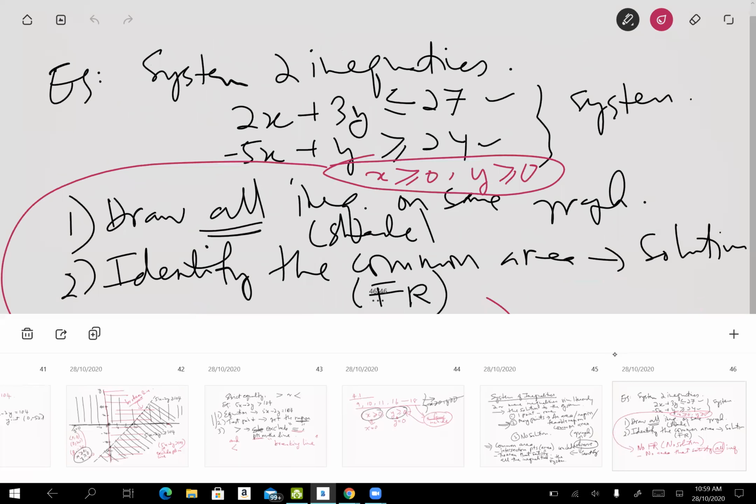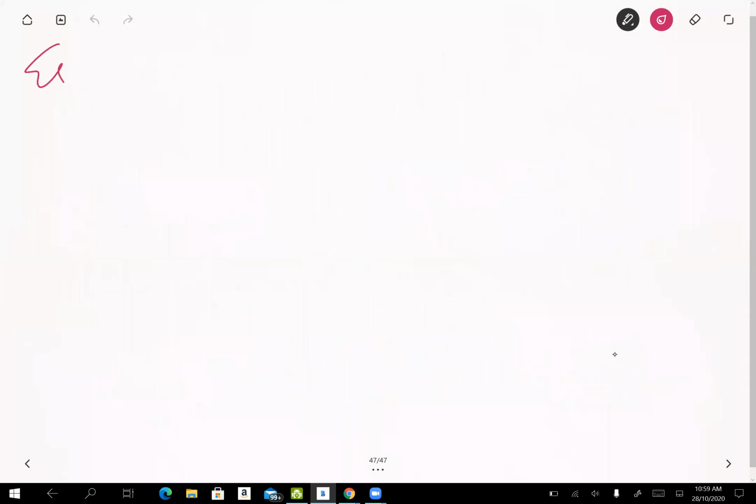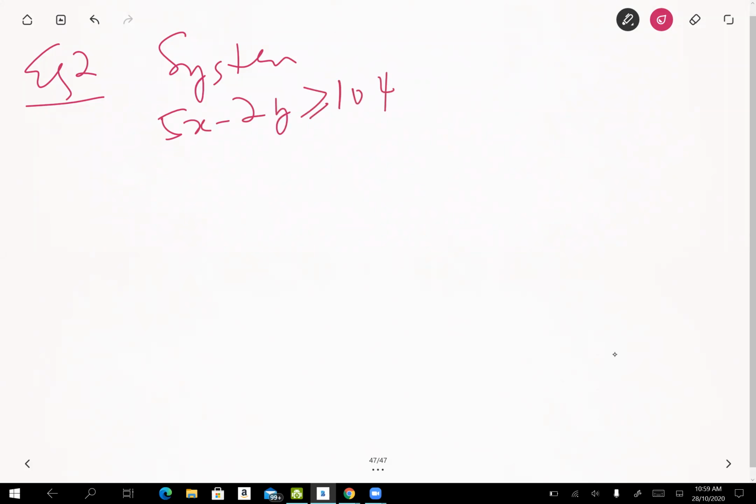All right, so example number 2, I have a system. The first one, we already have the inequality, 5x minus 2y bigger or equal to 104. The other one, say you got 3x plus 7y bigger or equal to 70.